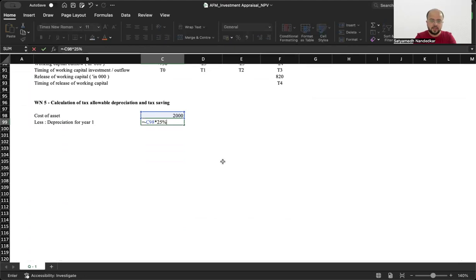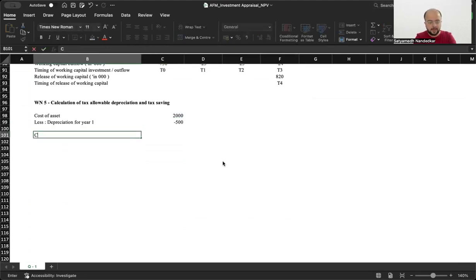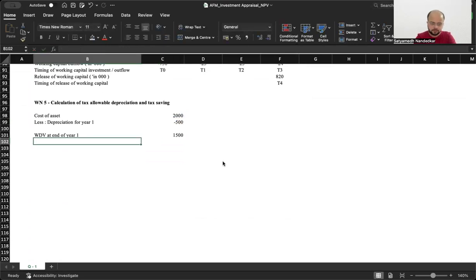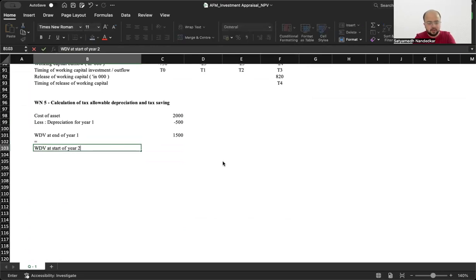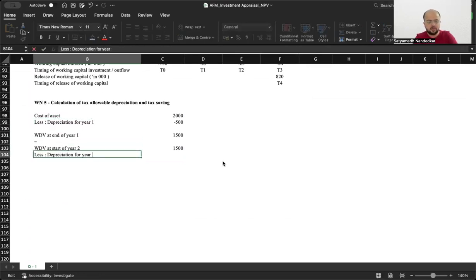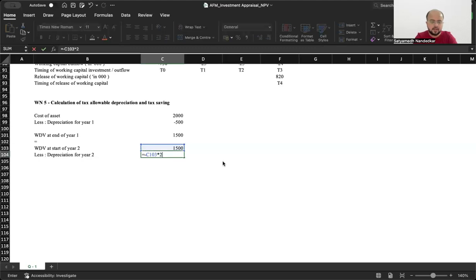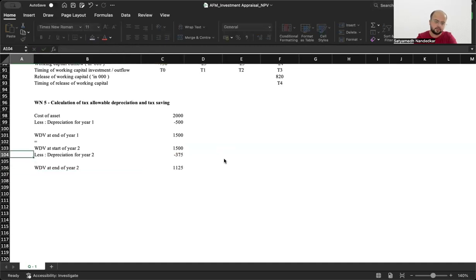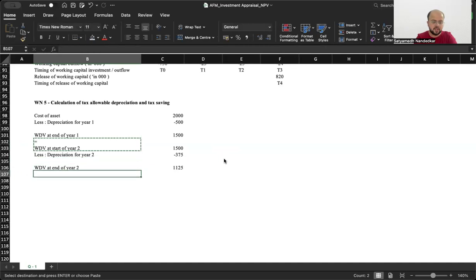This is 25%. You will get WDV at end of year 1, which is the same as WDV at start of year 2, 1500. उसके बाद आएगा मेरा depreciation for year 2. कितना होगा? This into 25%. What will you get after this? WDV at end of year 2, which is the same.